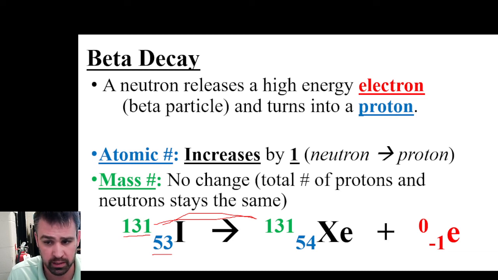A neutron has turned into a proton, and so that's why 53 has turned into 54. It increases by 1. A neutron has really turned into a proton. That's why your mass is unchanged, and we're giving off an electron over here.